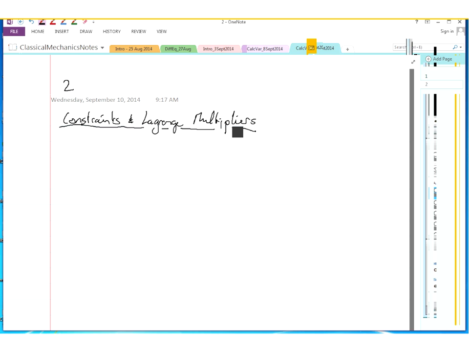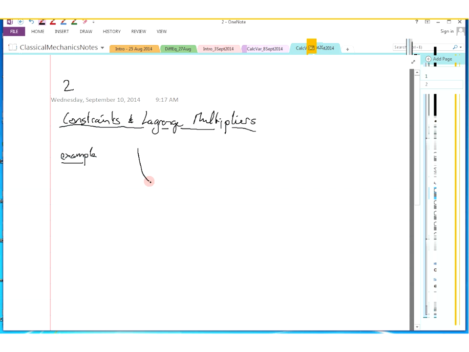And so the question is, how do we find the stationary value of a function when it's subject to a constraint? This means you're not allowed to freely vary the parameters.